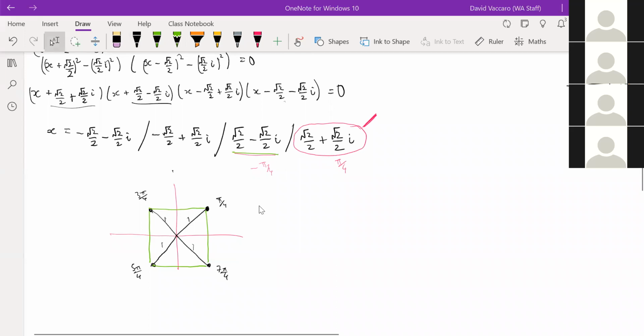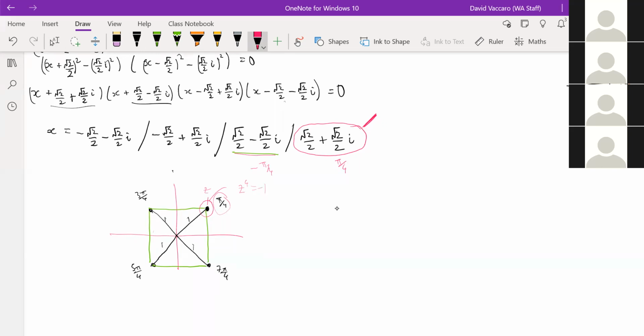Why does that result make perfect sense? What happens when I take the 4th power of this complex number? If I take the 4th power, I just add arguments. So I add the argument pi over 4 four times, and that takes me round to -1. So this complex number satisfies z to the 4 is equal to -1.